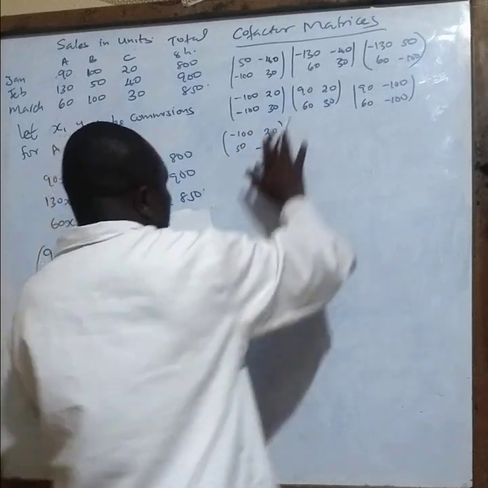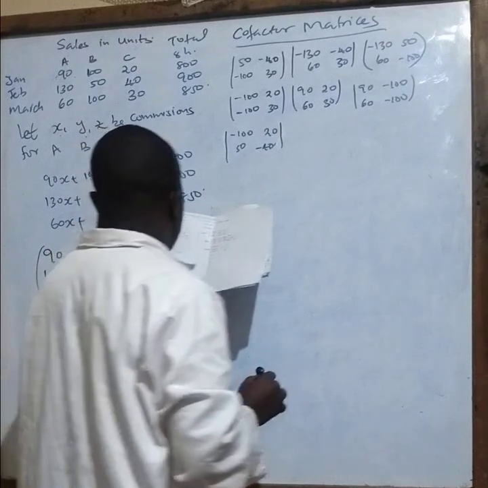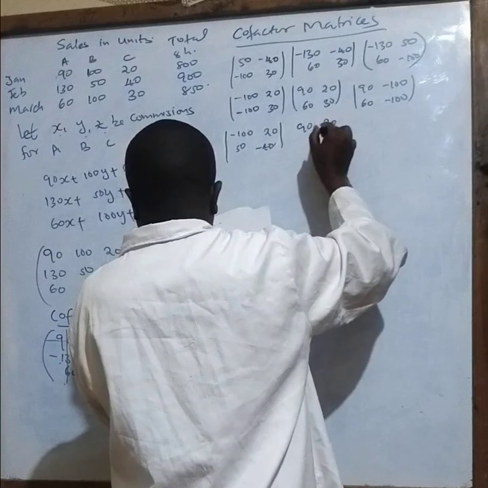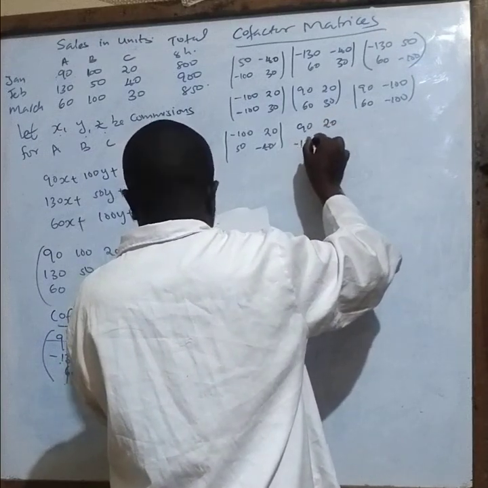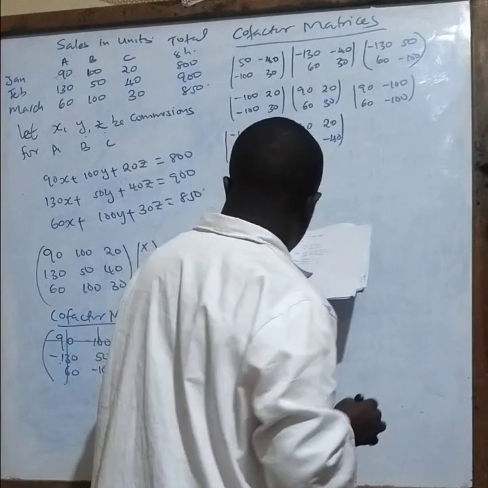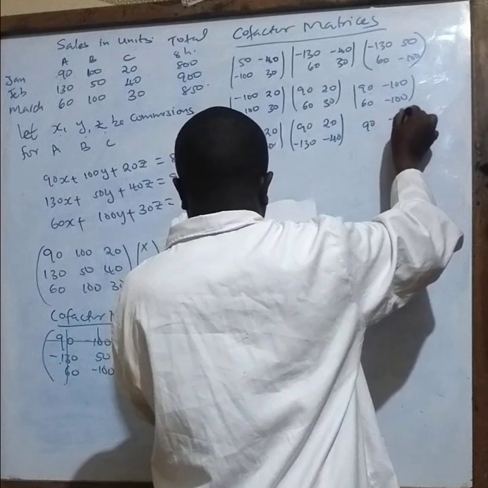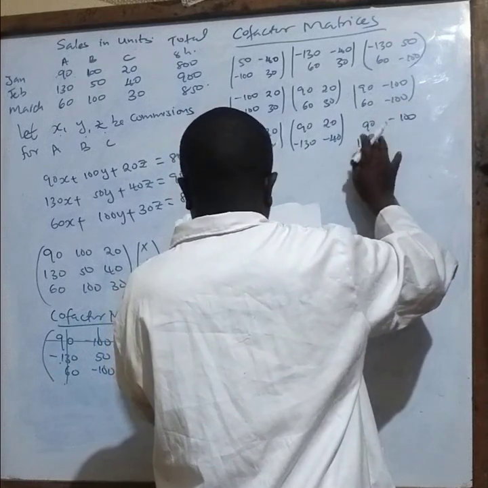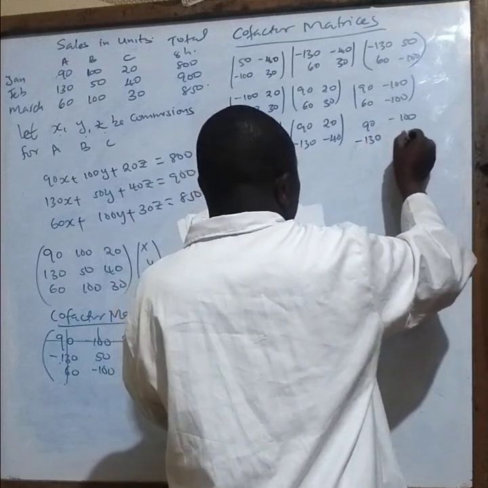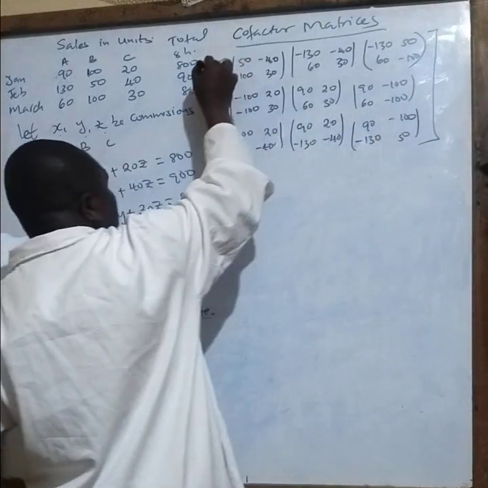Or you can use the straws like this, no problem. Then you have 90, 20, negative 130, negative 40. Then the last one is 90, negative 100, negative 130, 50. Then you do it like that.